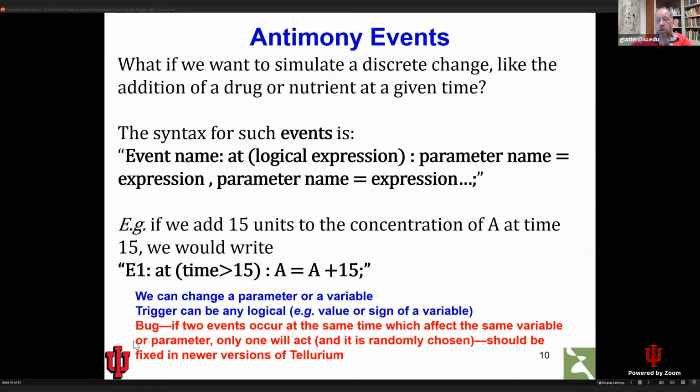Okay, so I want to go back and do some very simple coding today. And this is for Antimony events. So one thing that we could do, suppose we want to imagine that at time X, we add drug Y to our simulation. Or at time X, we kill half of our cells. Or at time X, we add a virus to our simulation.